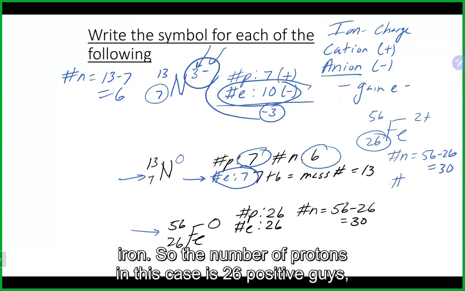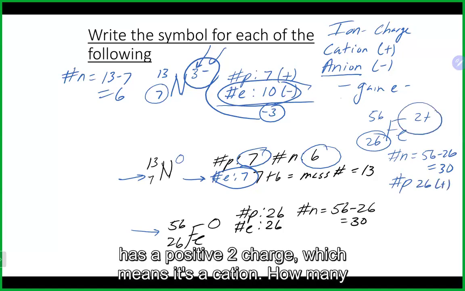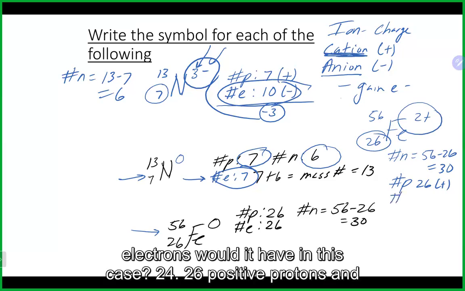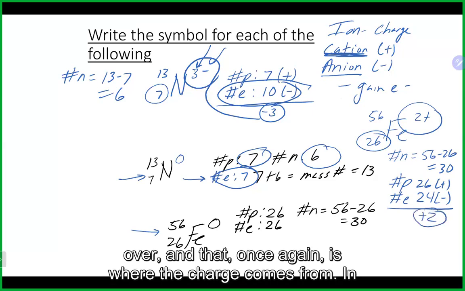So it has 26 positive protons and a +2 charge, which means it's a cation. How many electrons would it have in this case? 24. Yeah. 26 positive protons and 24 negative electrons leaves you a net +2 left over, and that, once again, is where the charge comes from.